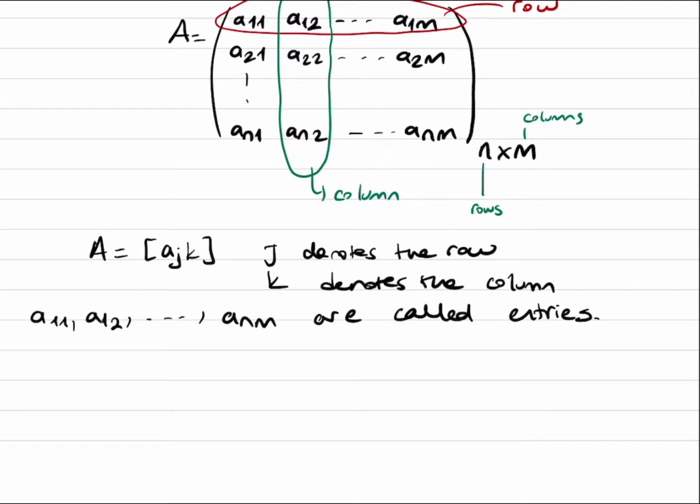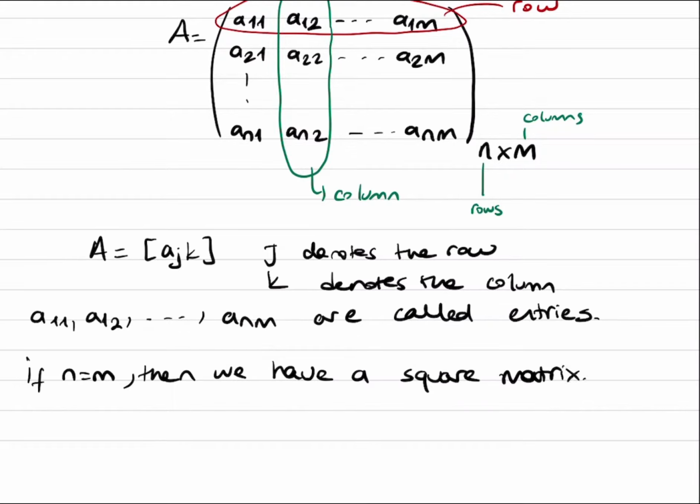And if n is equal to m, then we have a square matrix, that is, the matrix has the same number of rows and columns.